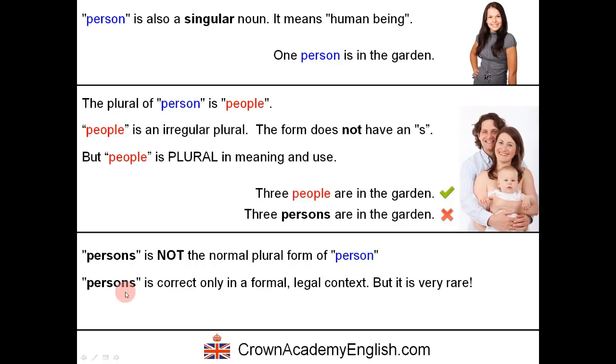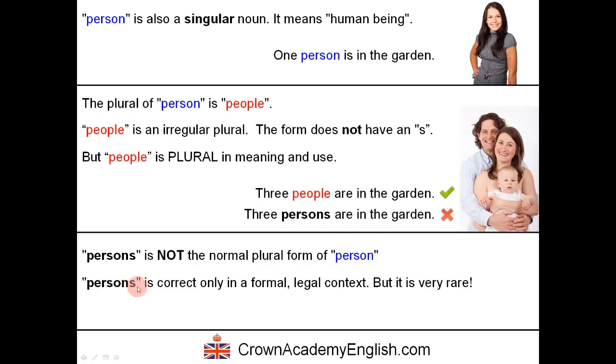But it is a word. It is correct, but only in a formal legal context. But it is very rare. This word is very, very rare. You will never use this word. You may perhaps see the word in a legal document, but you will never need to use this word. So my advice is ignore it. Do not use this word.